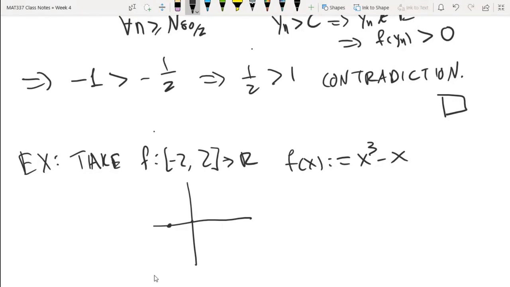When you get close, it hits 0, then it goes like this, then it goes like, let me draw it bigger.